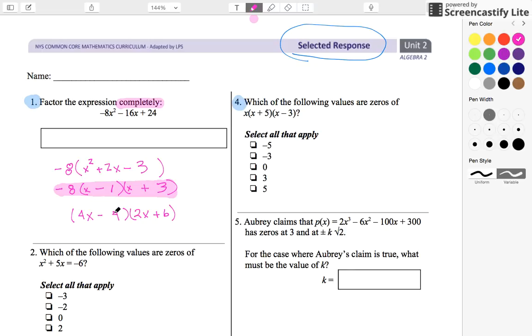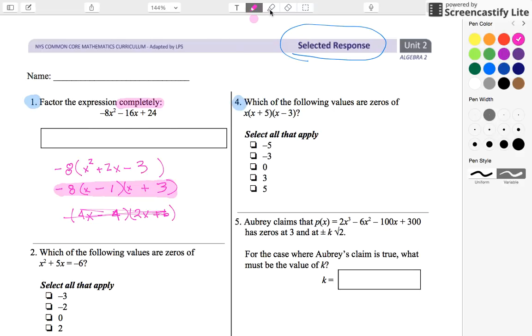I do know how they got this, but this is incorrect because you can still factor out a 4 in this binomial. You can still factor out a 2. So this is not completely factored. That cannot work. That's why this answer was wrong.